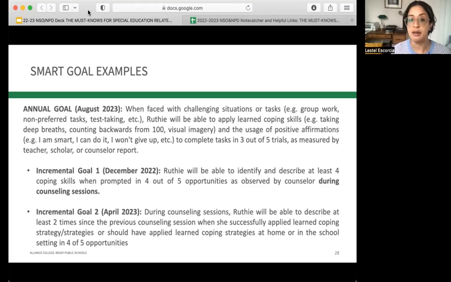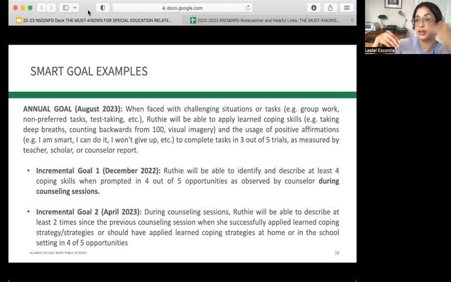So the first goal is going to be kind of the first step. If we're thinking about the incremental goal being the first level that we want the student to meet, the level of difficulty should be lower than incremental goal 2. So it'll increase in demand, right? Each incremental goal is 4 months.